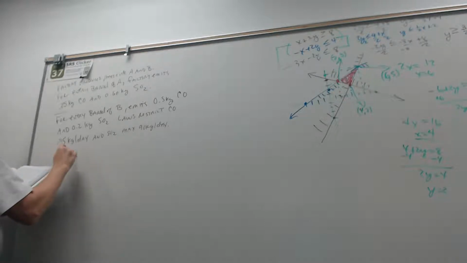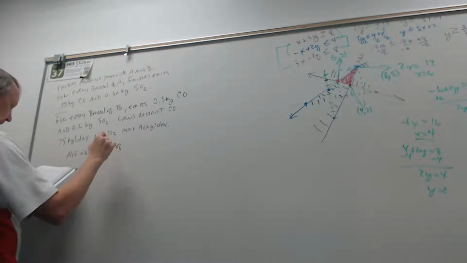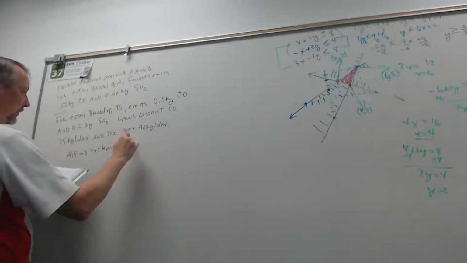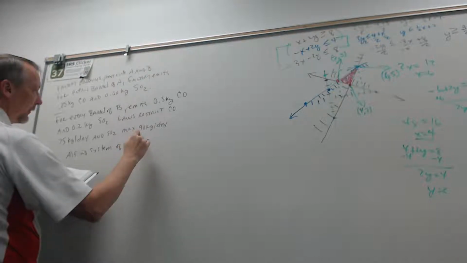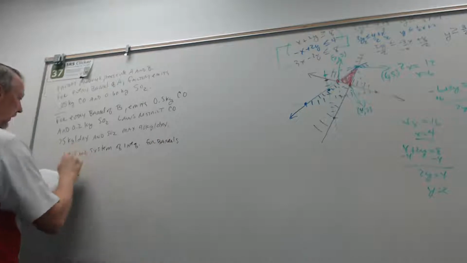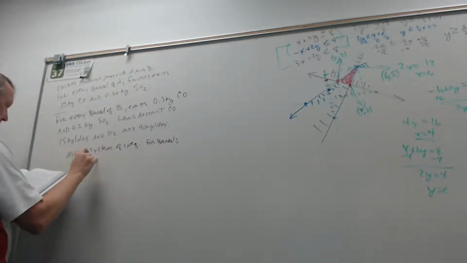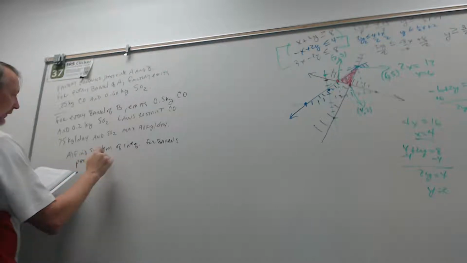So part A: find a system of inequalities for barrels per day and a graph.